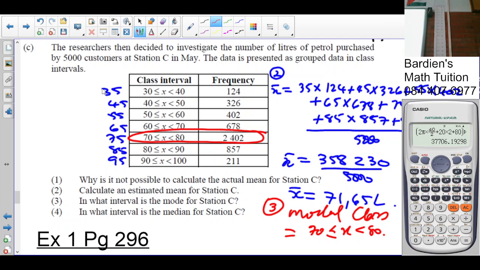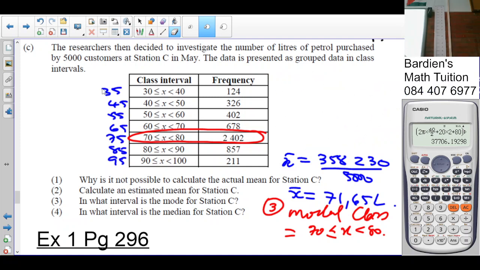In what interval is the median of station C? People, what's the median? The middlemost number of the total. So there's 5,000, and 5,000 divided by 2 is 2,500. So it's 2,500 and 2,501 that are in the middle. At the end of this class we considered 124. At the end of this class, 450.